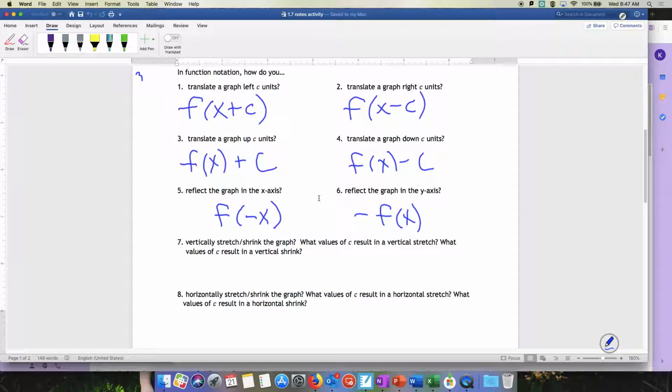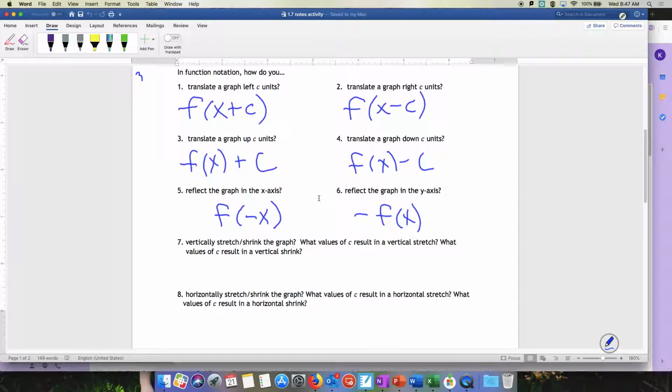Okay. Inside the graph is going to affect horizontally. Outside the graph is going to affect it vertically. So, Devin, if we have a reflection from here to here, is that affecting vertical values or horizontal values? That would be horizontal. Our horizontal ones are changing, or our vertical ones are changing?